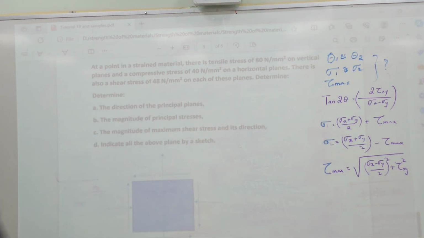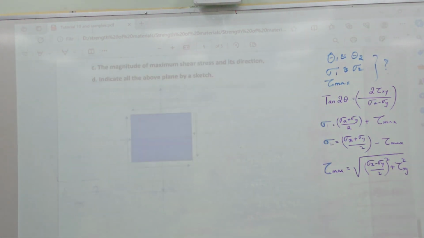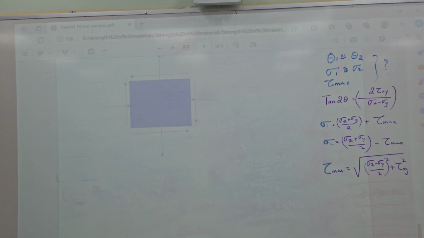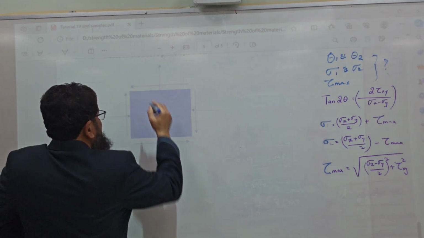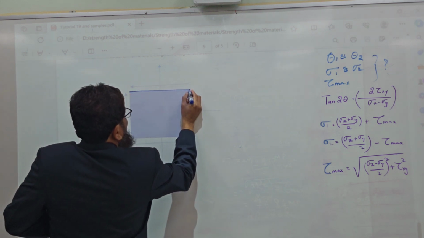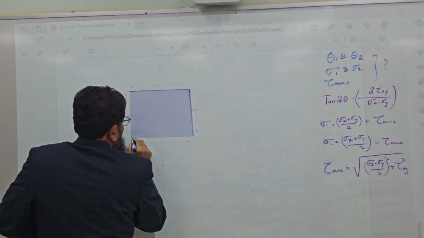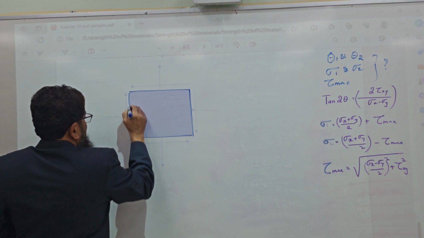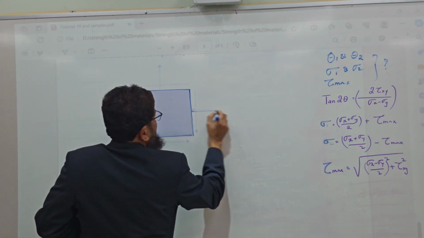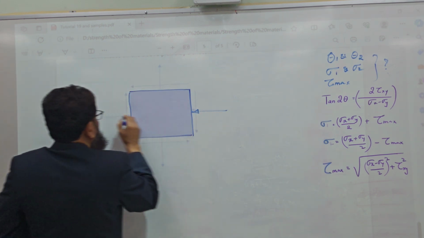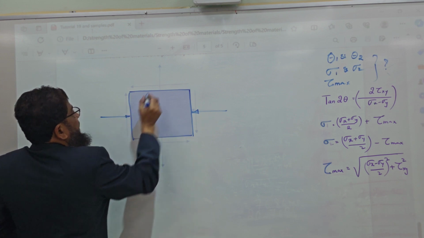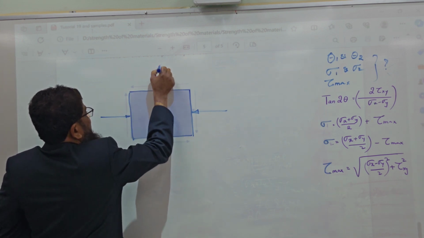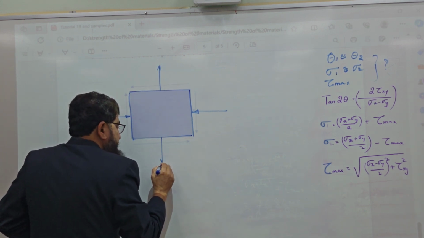I will just move it up and make it dark so that you can see it very clearly. Here you have a compression, and on the vertical plane it is tension.